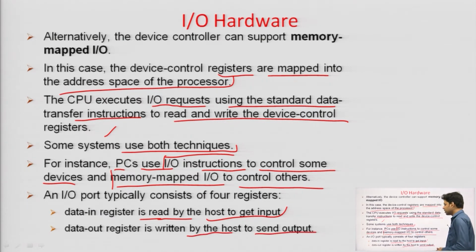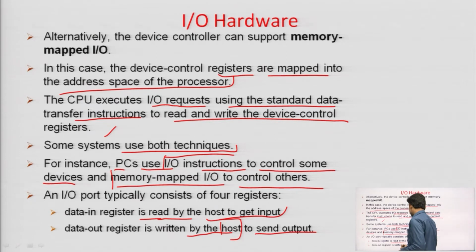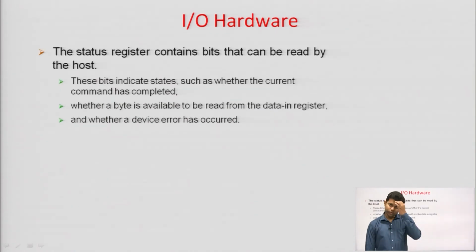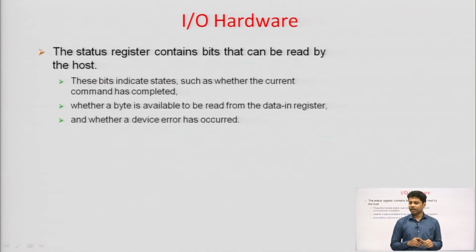Who handles the data out register? The host. The host could be the controller, the driver, or even the CPU. It is written by the host to send the output. Whoever is using it behaves like a host.